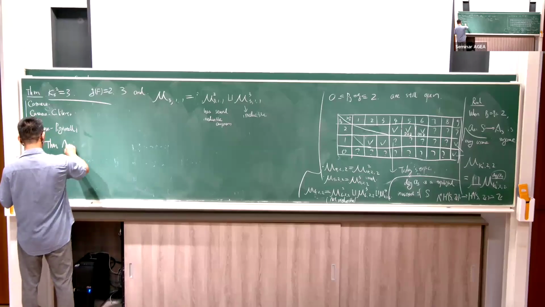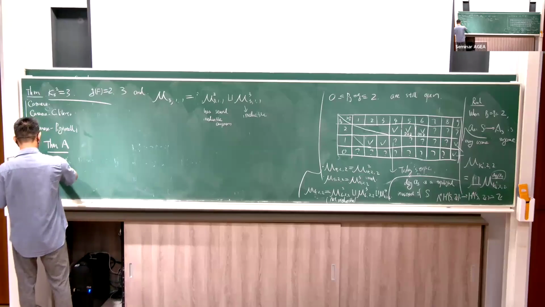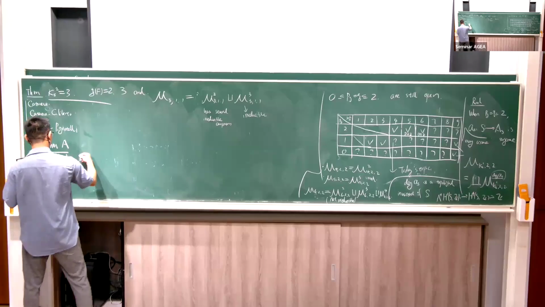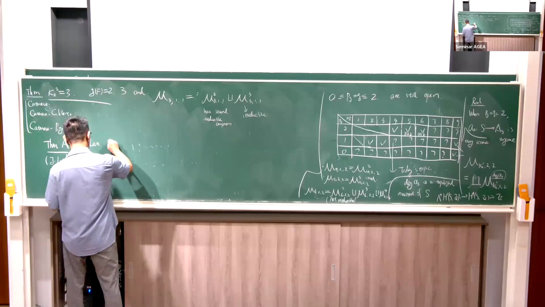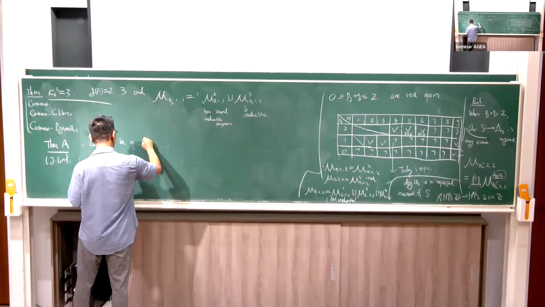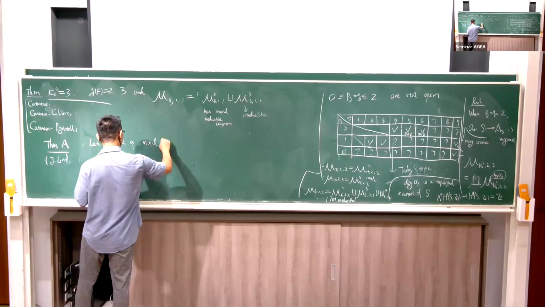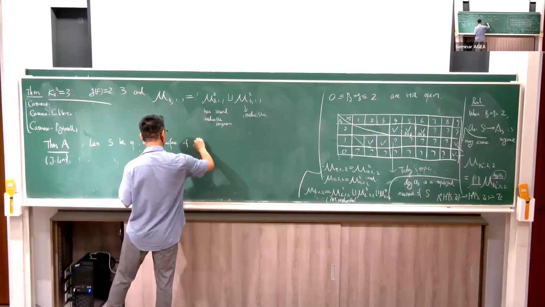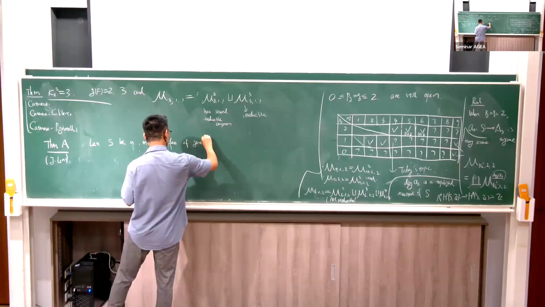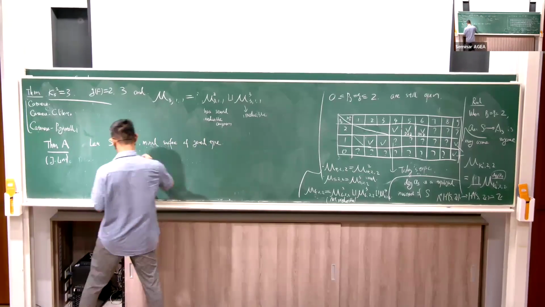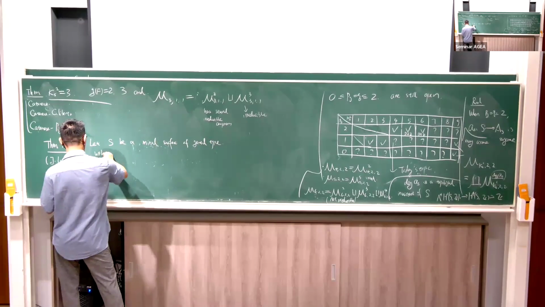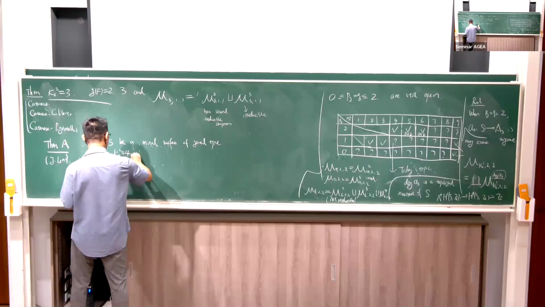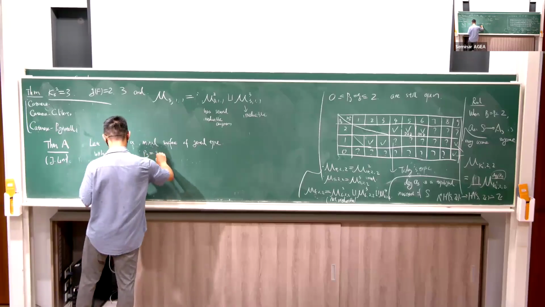Okay, so the first result is the following. Let S be a minimal surface of general type with K S square equal to 4, p g equal to q equal to 1.